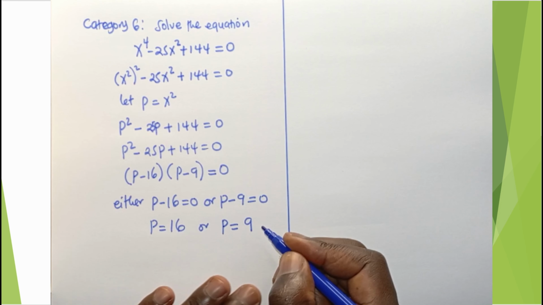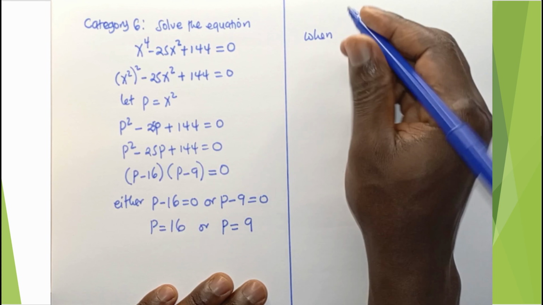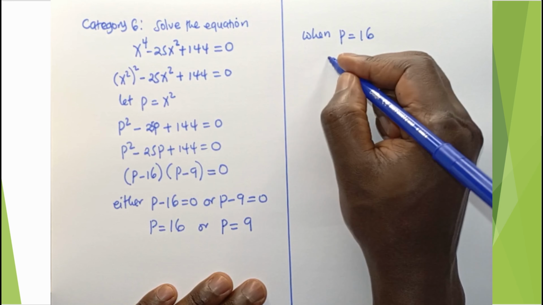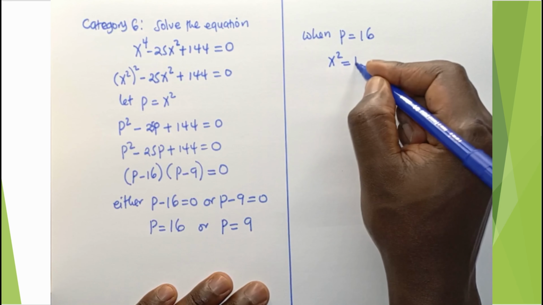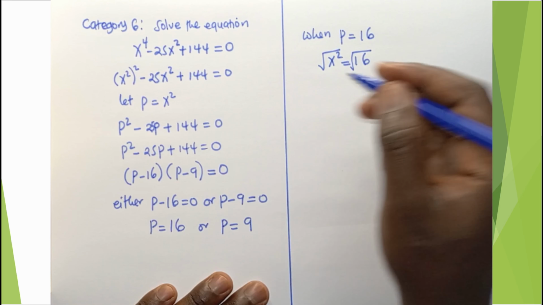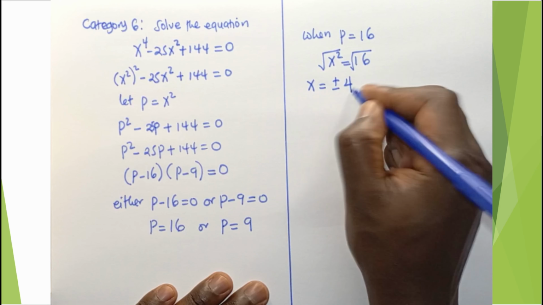So we can go ahead and say when p is equal to 16, all those equations that we also see in indices are all in category 6. So applying a square root on both sides, our x gives us plus or minus 4.